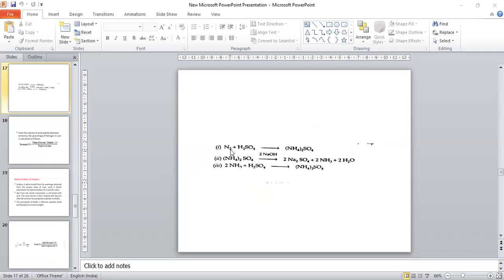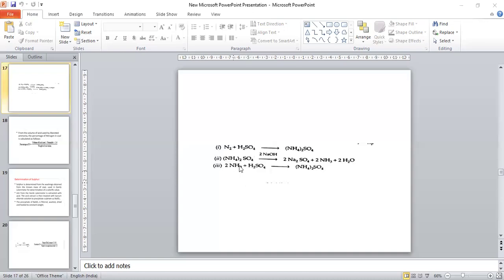See what reactions are going on here. Nitrogen, which is already present in coal, is treated with sulfuric acid, producing ammonium sulfate. This ammonium sulfate is treated with sodium hydroxide, which liberates sodium sulfate, ammonia and water.